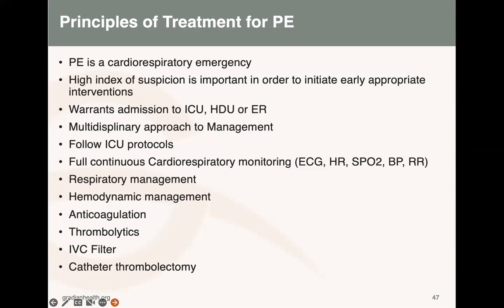On C, you have to make sure that the patient is hemodynamically stable. Whenever we have a high index of suspicion in any patient, it's important to order and initiate appropriate management as early as possible, because any delay can change the outcome of this patient.